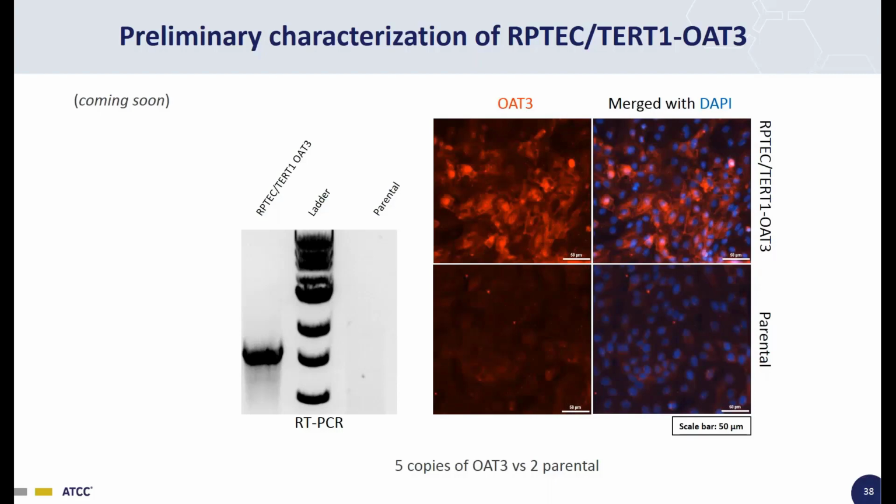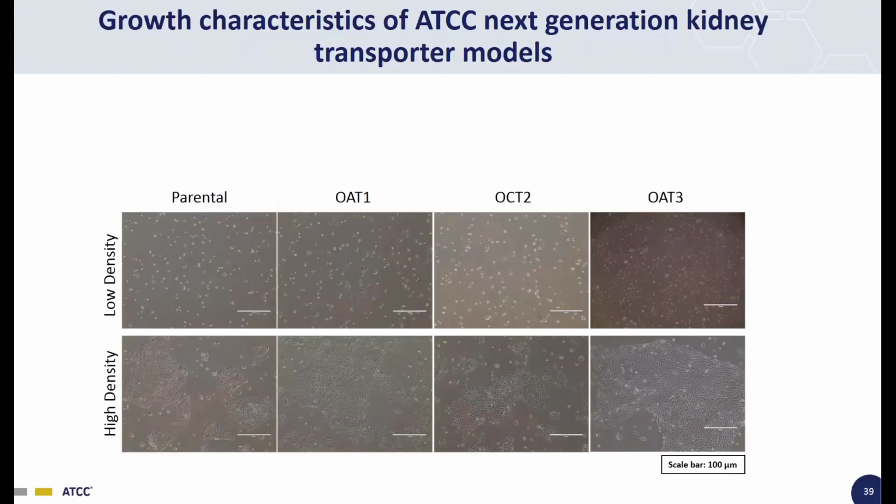We also verified that the copy number of OAT3 is 5 versus 2 in the parental line. So from the above four slides, we know that the overexpressed OAT1, OAT2, and OAT3 are correct in molecular biochemistry and subcellular localization. Now we ask how biologically similar they are to the parental line.